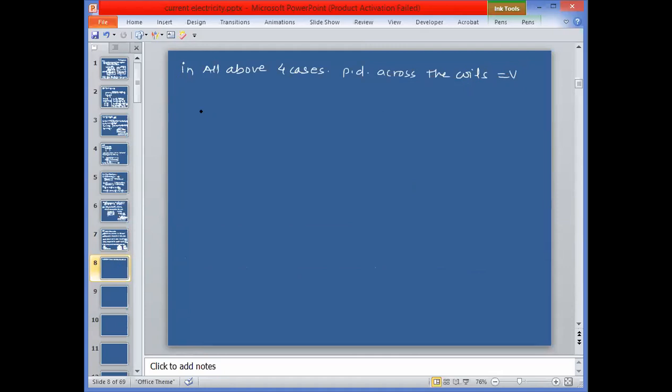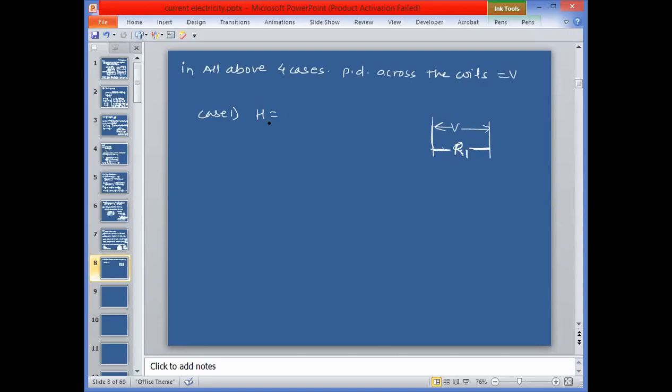Now, for case 1, heat is equal to, which formula are we going to use? This is our first coil R1, across which we have the potential difference of V volt. The first coil has resistance R1.